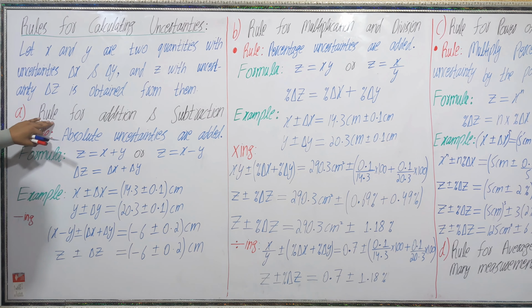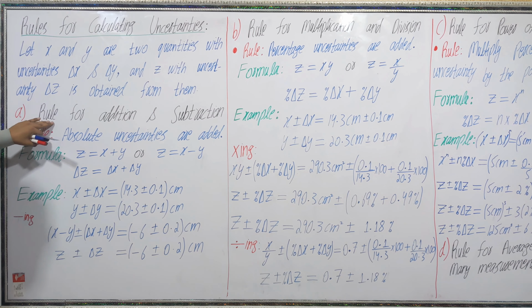But uncertainties are not subtracted, they are added, because it's a rule. Keep in mind, remember this. Uncertainty is never subtracted. Even though the quantities are subtracted, the uncertainties are added.